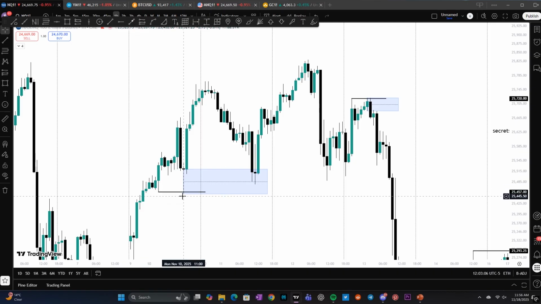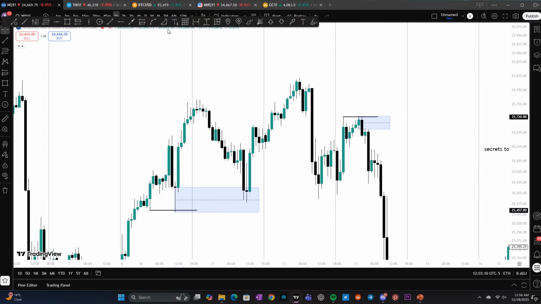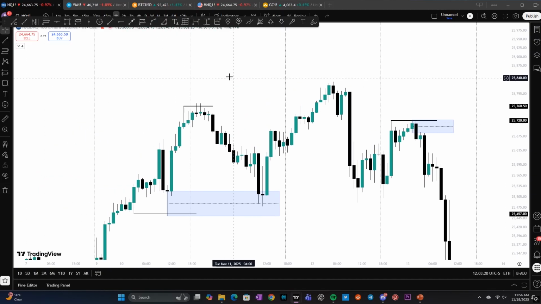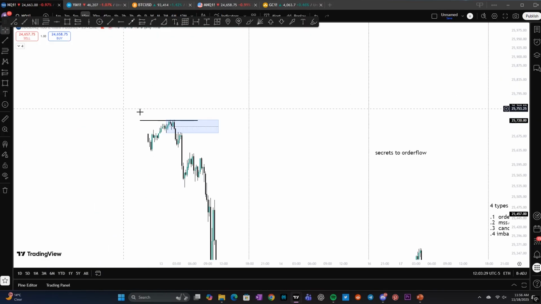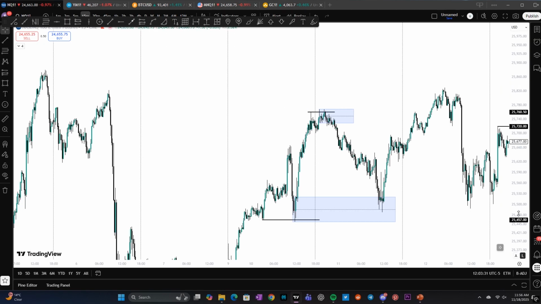The candle that takes out the swing low acts as support. Right here, Monday's high was taken out by the Asian session. The candle that takes out the high, this one, acts as support for the lower time frame, as you can see.